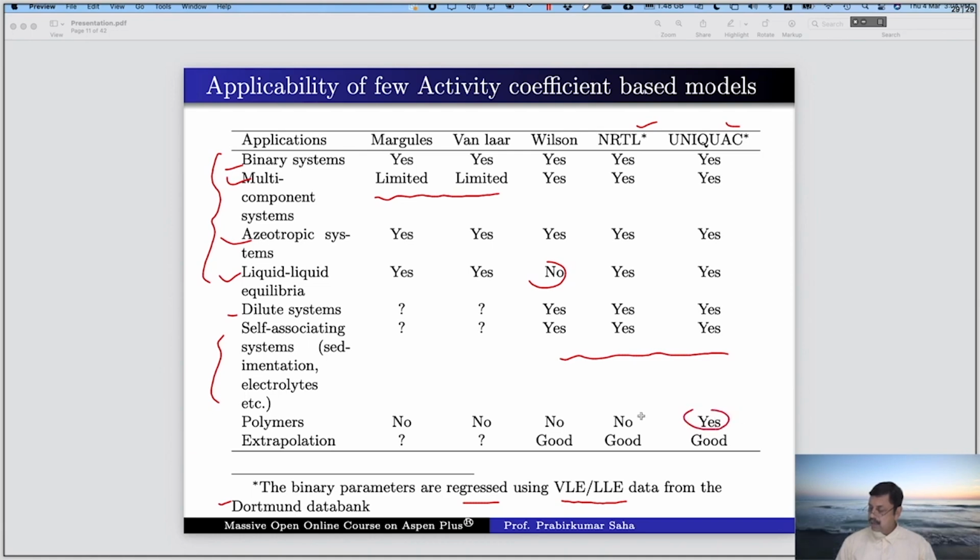None of Margules, Van Laar, Wilson, or NRTL work for polymer systems. And for extrapolation kind of work, we cannot use Margules and Van Laar. We have to use Wilson, NRTL, or UNIQUAC, the activity coefficient based models.